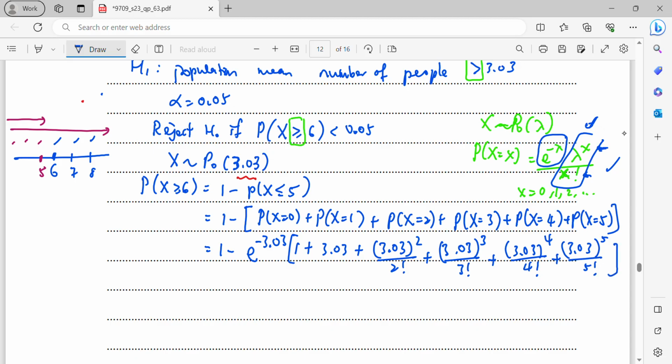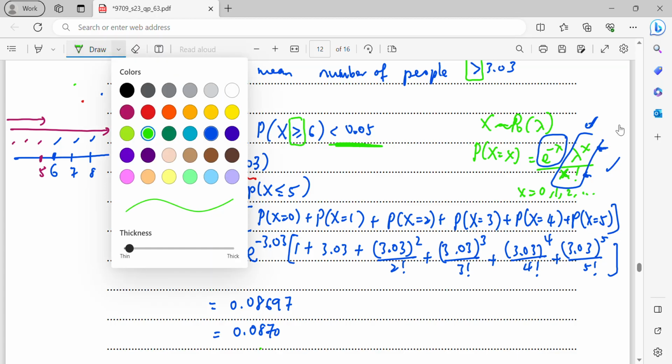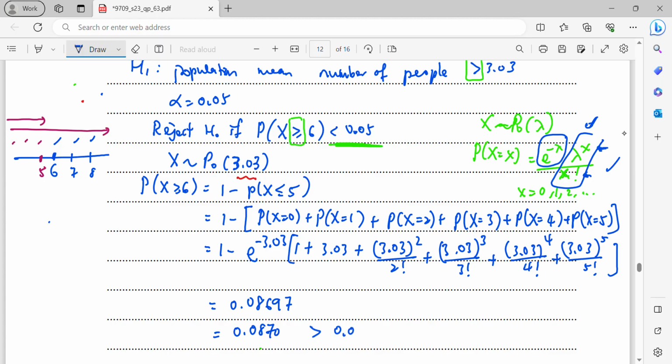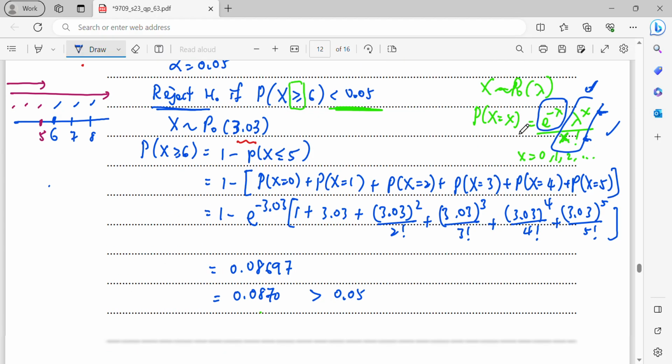When you calculate all these probabilities, it will be 0.08697, and rounded to 3 significant figures, 0.0870. Now we need to compare with the alpha value. Obviously this value is greater than 0.05. Therefore, when it is greater than 0.05, I will not say reject H0, but we have to say do not reject H0.